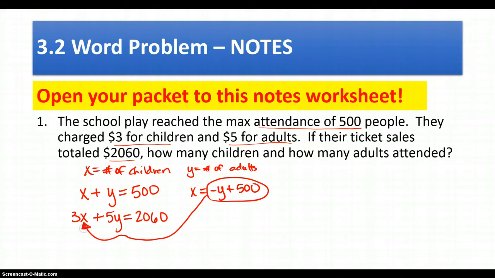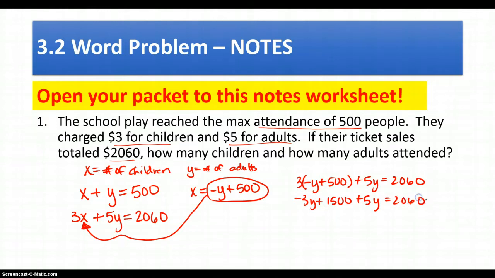Okay, so my new equation after I substitute in would be 3 times negative y plus 500 plus 5y equals 2060. And then I'm going to go ahead and solve this. So negative 3y plus 1500 plus 5y equals 2060.